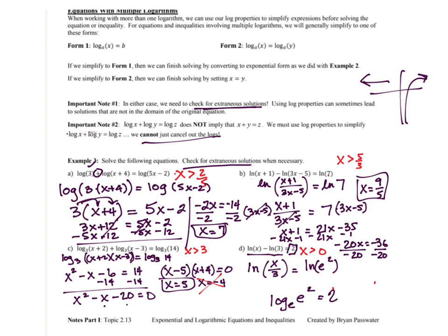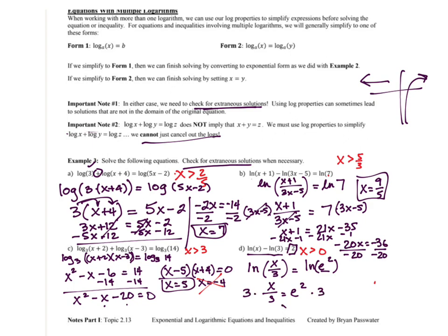It's one of those hidden things. When I first worked this, I got x equals 6, and then I checked the solution, and it ain't 6. In order to set them equal, I've got to be setting arguments equal to one another. If the remaining piece was 2, then the argument was e squared.